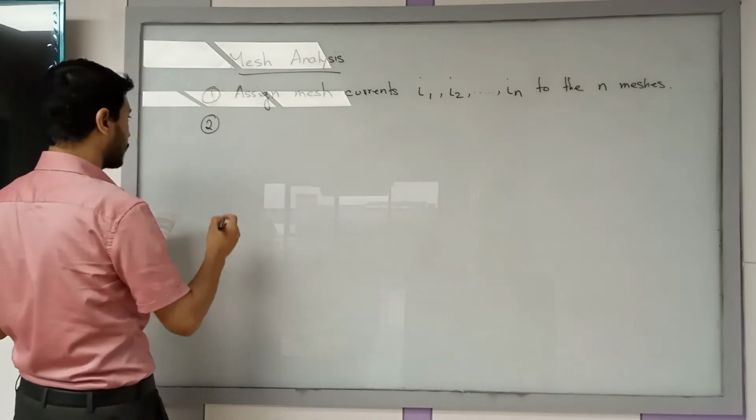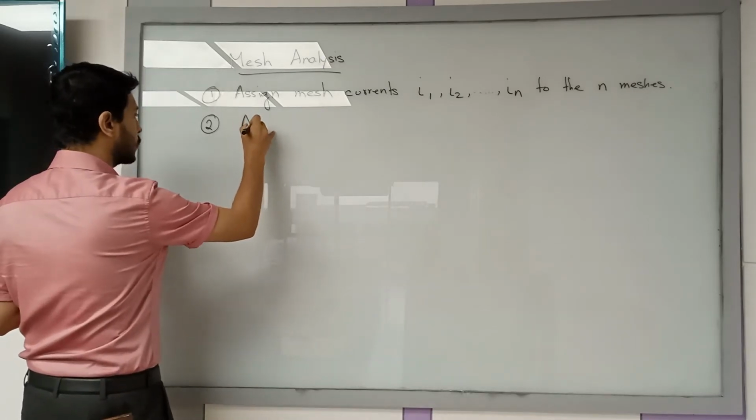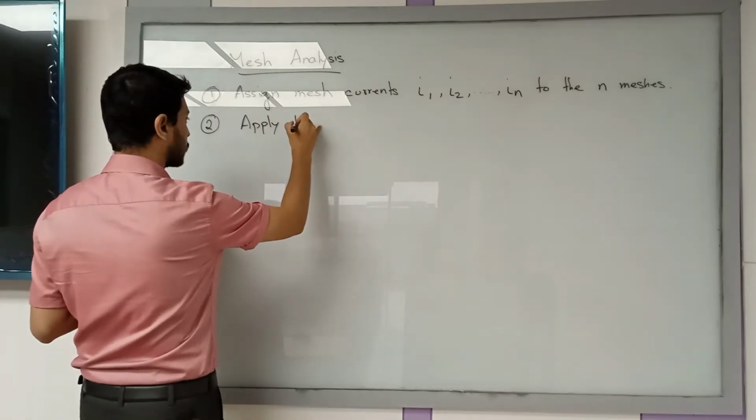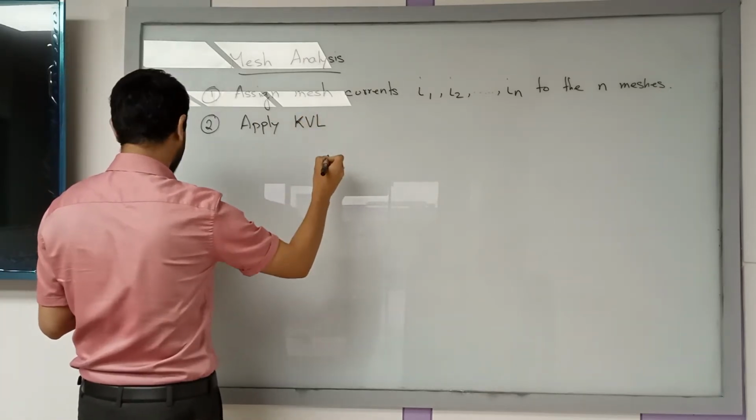Then the second step is you need to apply KVL to the number of loops.